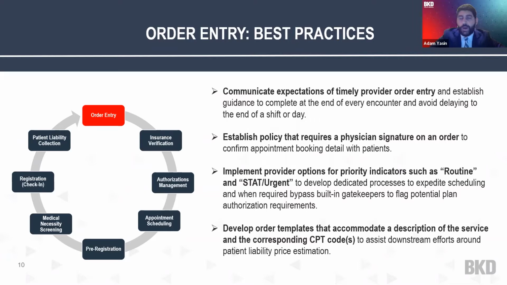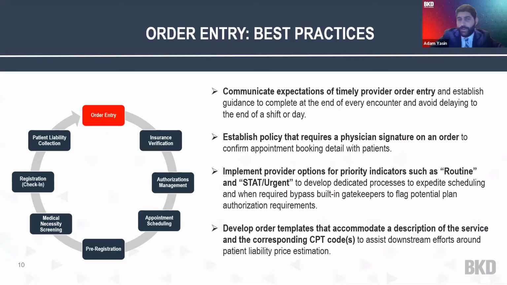Ultimately, we want to be able to hardwire dedicated processes that can expedite scheduling when a patient's order is indeed stat or urgent, with an emphasis still on obtaining that authorization requirement if it's applicable. If it's routine, we structure a different set of processes that is really methodical, thinking through the financial clearance of this patient for the service, and these indicators are going to help your hospital-based schedulers understand how to react.